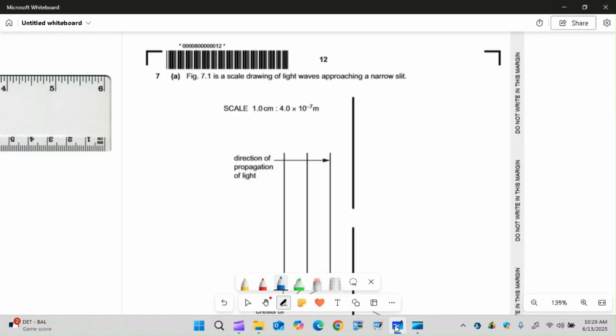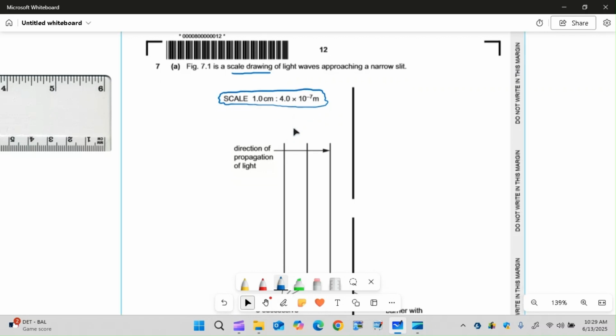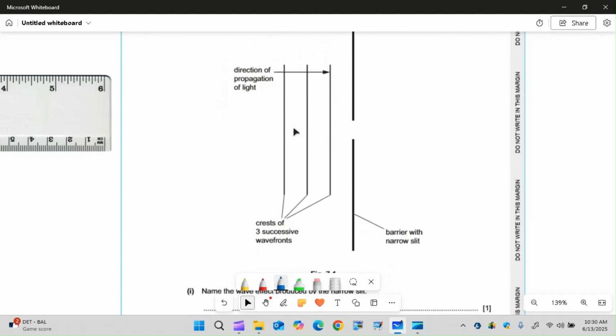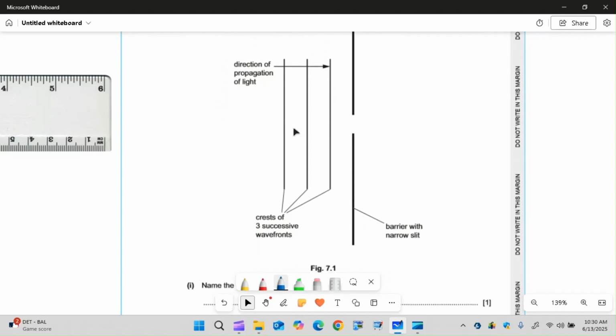Question number 7, part A. Figure 7.1 is a scale drawing of a light wave approaching a narrow slit. The scale shown here is 1 centimeter represents 4 times 10 to the power negative 7 meters. You can see these are the crests of the light wave front, and this is a slit, and after the slit light passes.